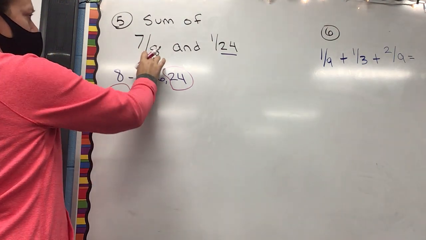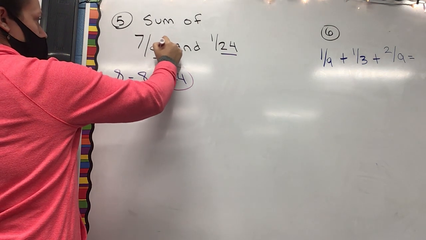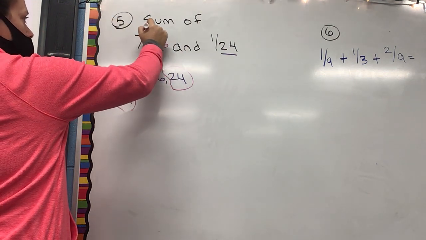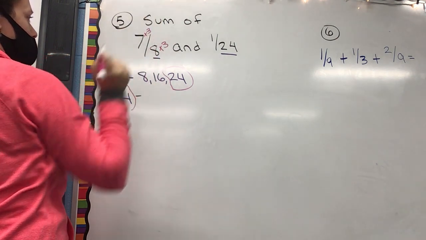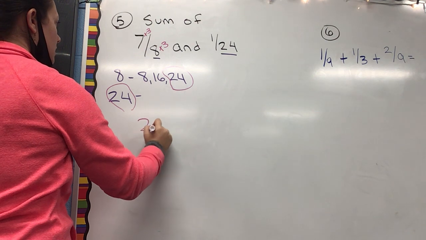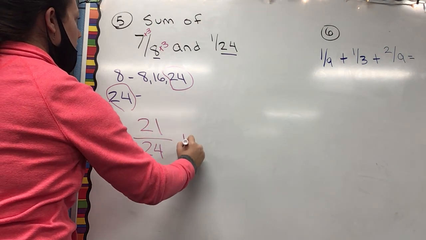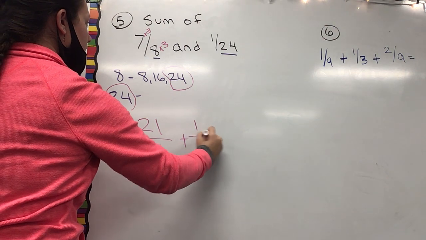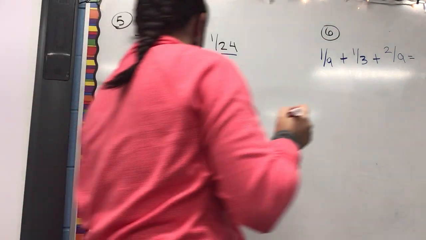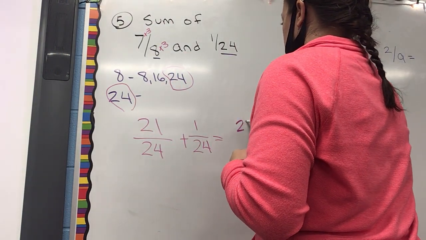How do I make this 8 now into a 24? Times it by 3, and we have a jealous sibling here, this 7. It also wants to multiply by 3. Let's rewrite our new fraction. What's 7 times 3? 21. 8 times 3. 24. And then I'm adding. What do I do with my numerators? Wait.